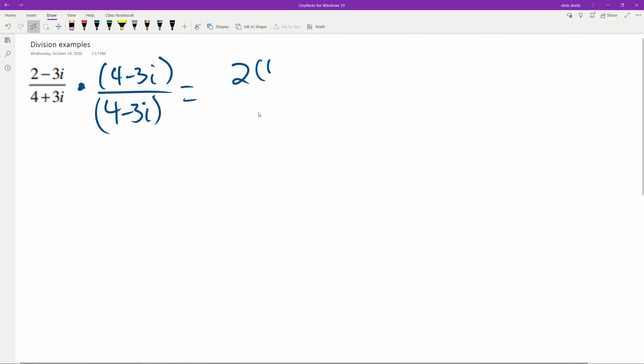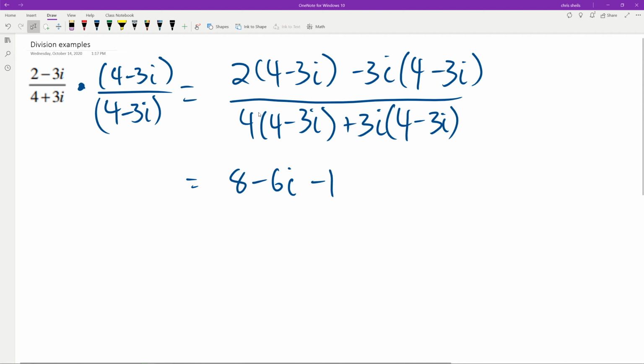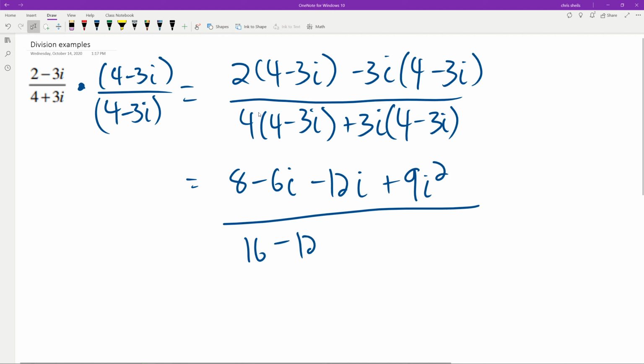This gets me 2 times 4 minus 3i minus 3i times 4 minus 3i all over 4 times 4 minus 3i plus 3i times 4 minus 3i. This is 8 minus 6i minus 12i plus 9i squared all over 16 minus 12i plus 12i minus 9i squared.